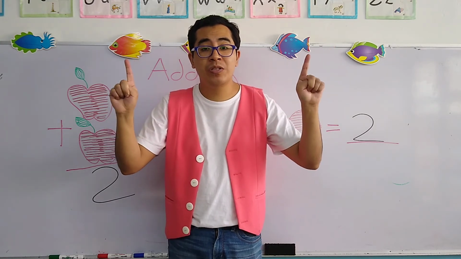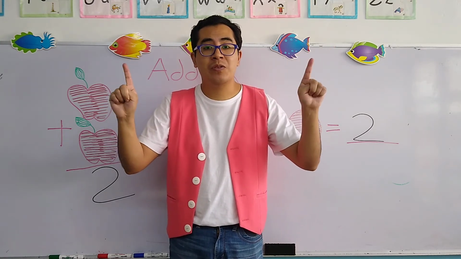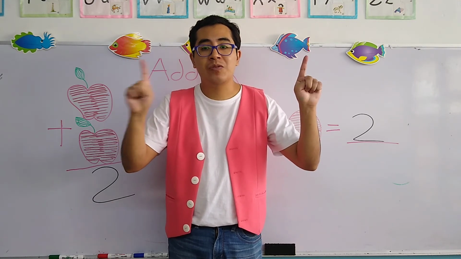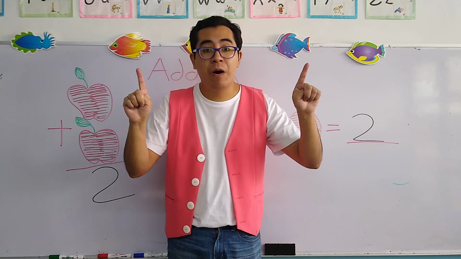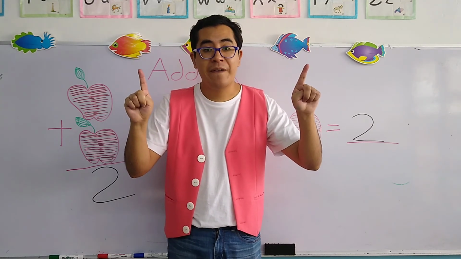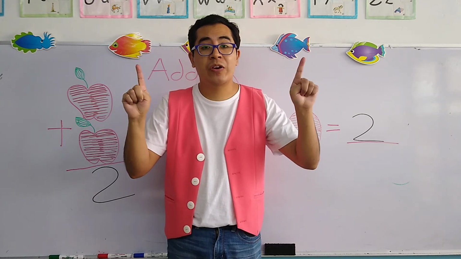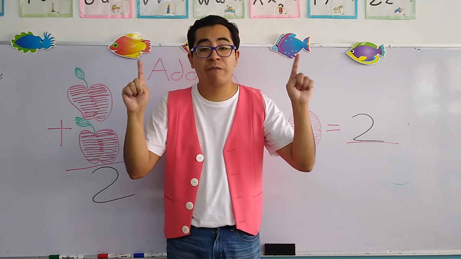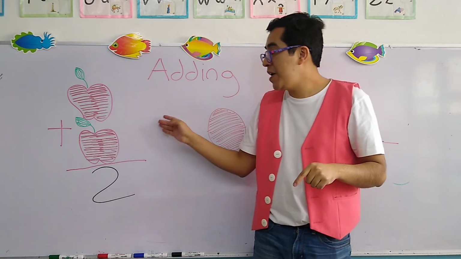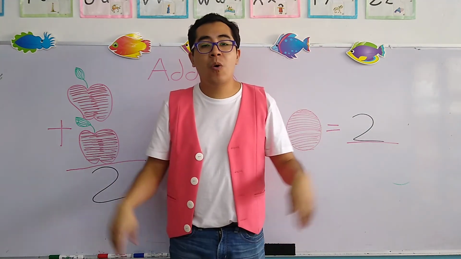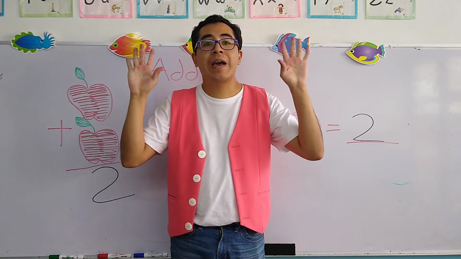So what's the total? ¿Cuál es el total de deditos que tenemos alzados? 1 and 2. So the result, number 2. Okay, very good. So this is a second option in which you can do the additions. There is the written way, la forma escrita, or using your hands.